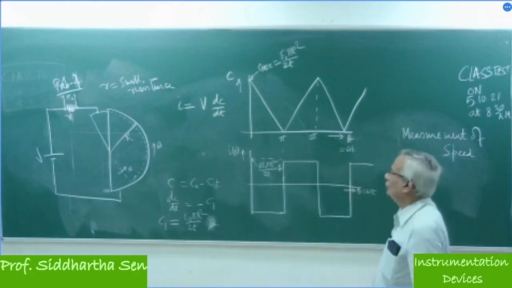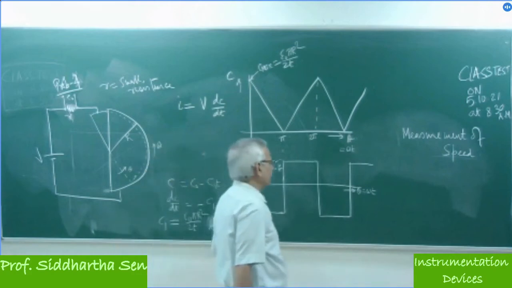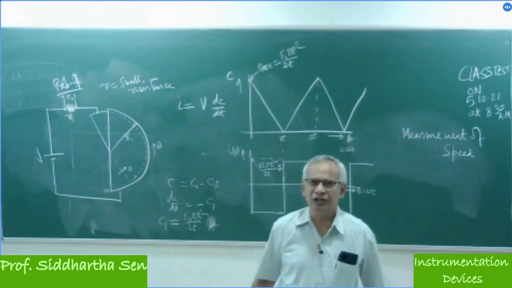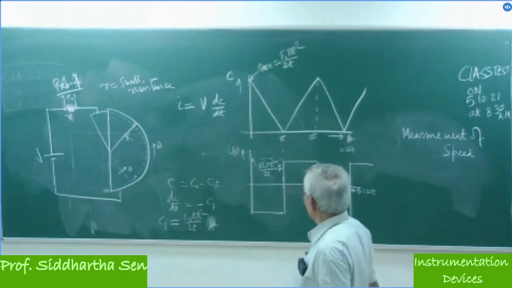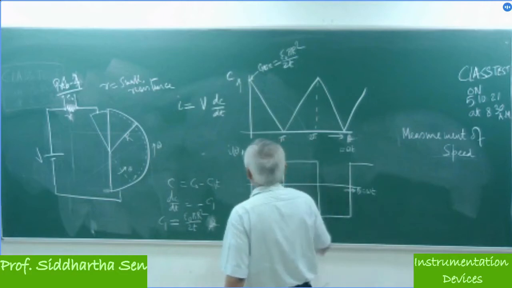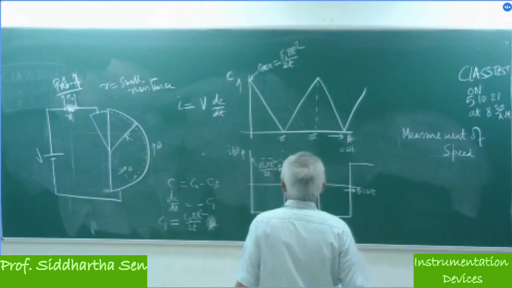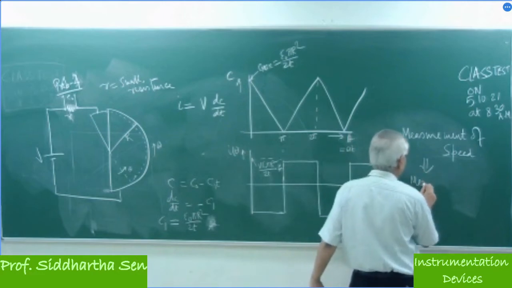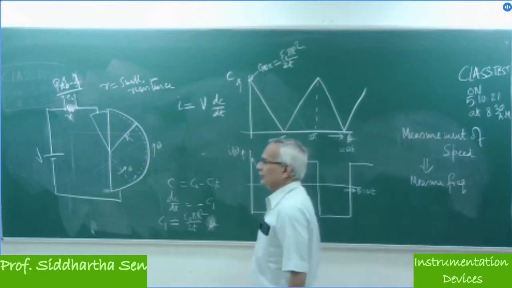This E0 will be a function of omega. It is a simple square wave, and you pass it to a frequency counter and find out the speed. It is proportional to the speed, because more speed means more closing. So the frequency depends upon the speed. Basically you measure frequency, and then you can measure the speed.